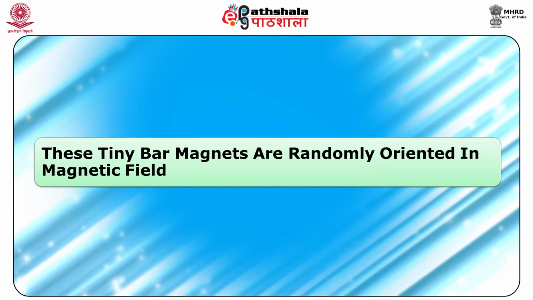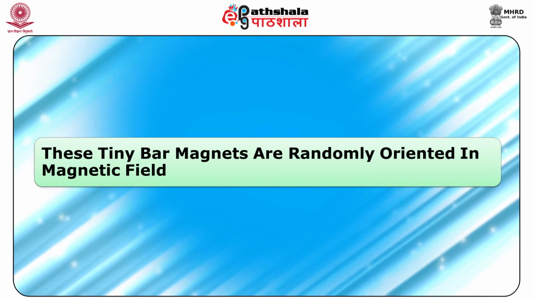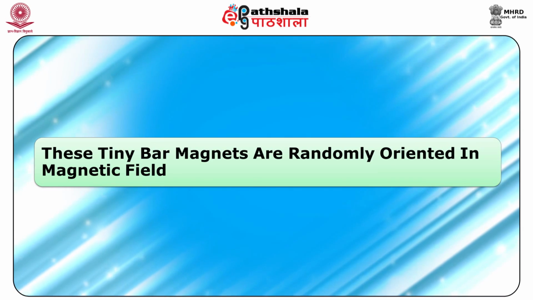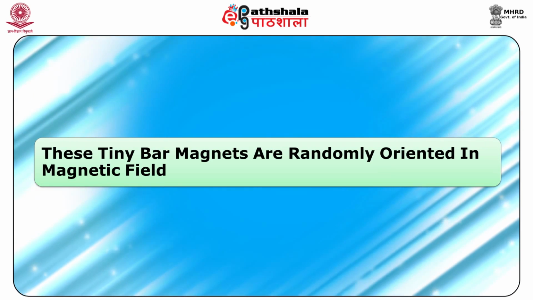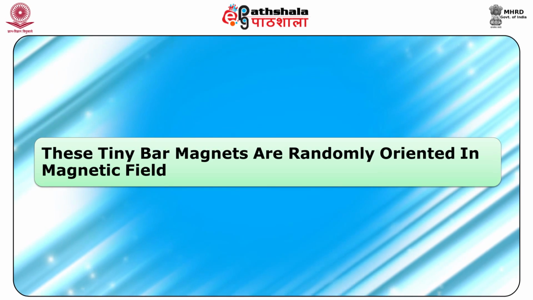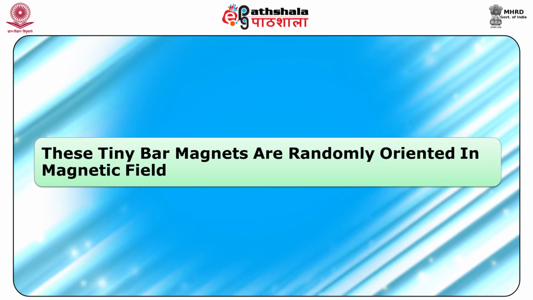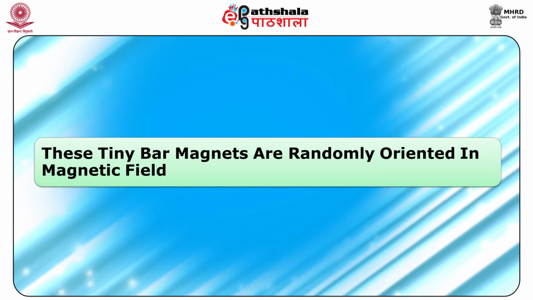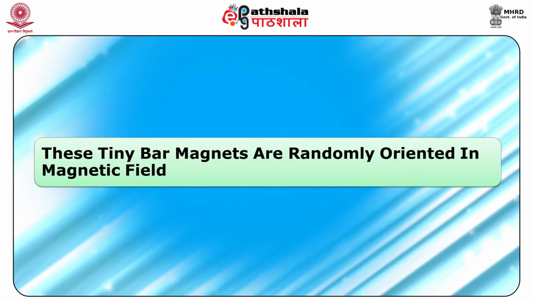However, in the presence of a magnetic field B0, they are oriented with or against this applied field. More nuclei are oriented with the applied field because this arrangement is lower in energy.